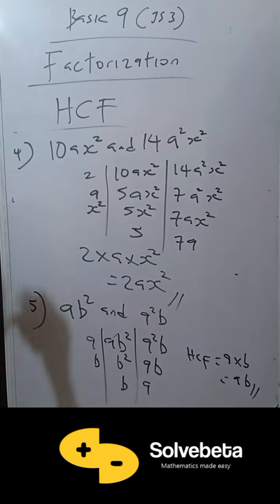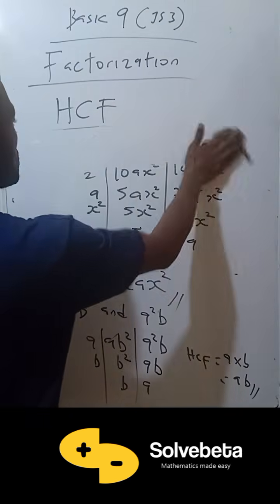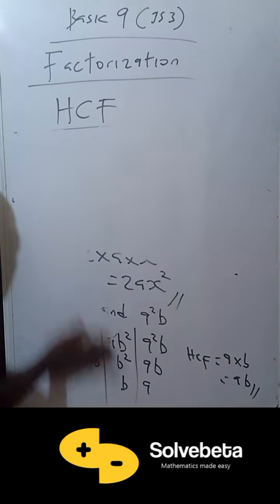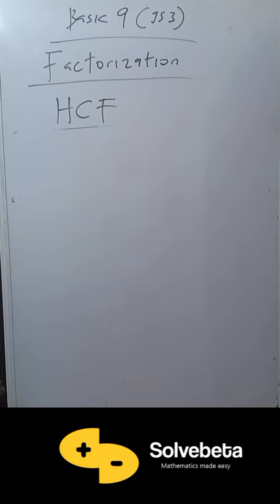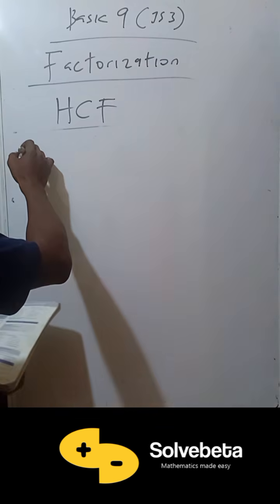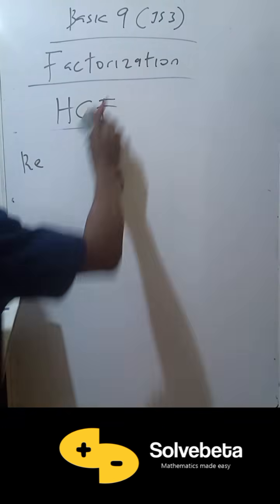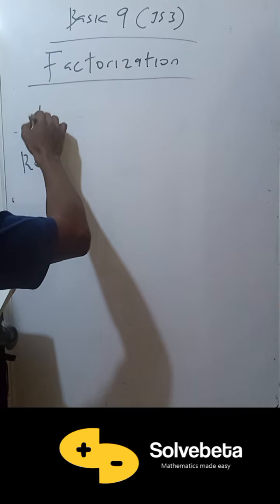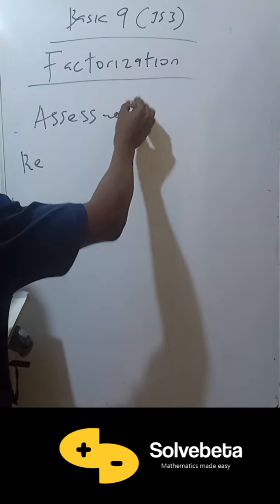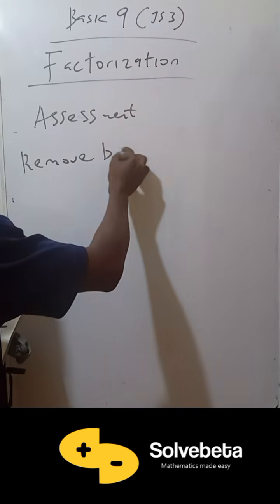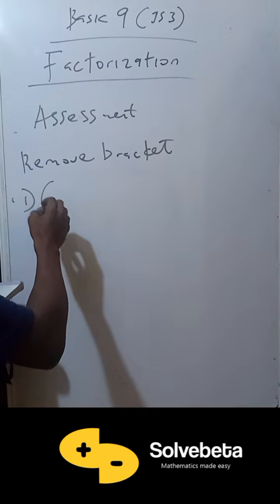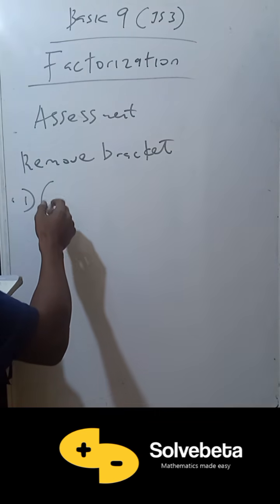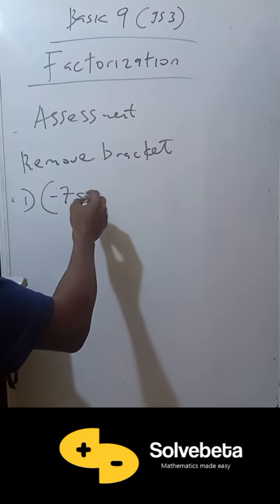Do this. So quickly, first, remove brackets. Classwork, your assessment: remove brackets from the following. Number one, minus 7 into bracket s plus t.